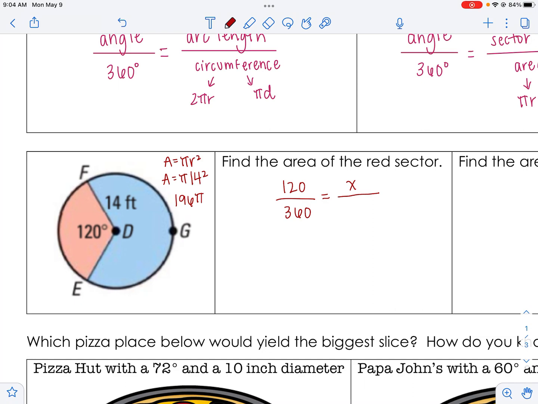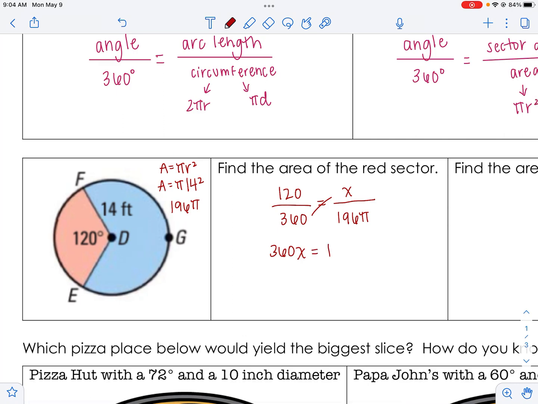So 120 over 360 equals x over 196 pi. And then we're going to cross multiply. So 360 times x would just be 360x. And then 120 times 196 would be a fairly big number. It'd be 23,520 pi.